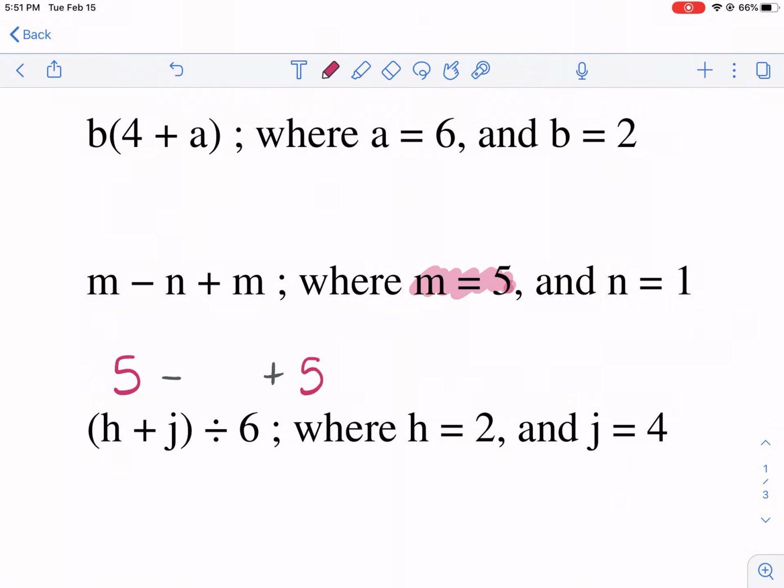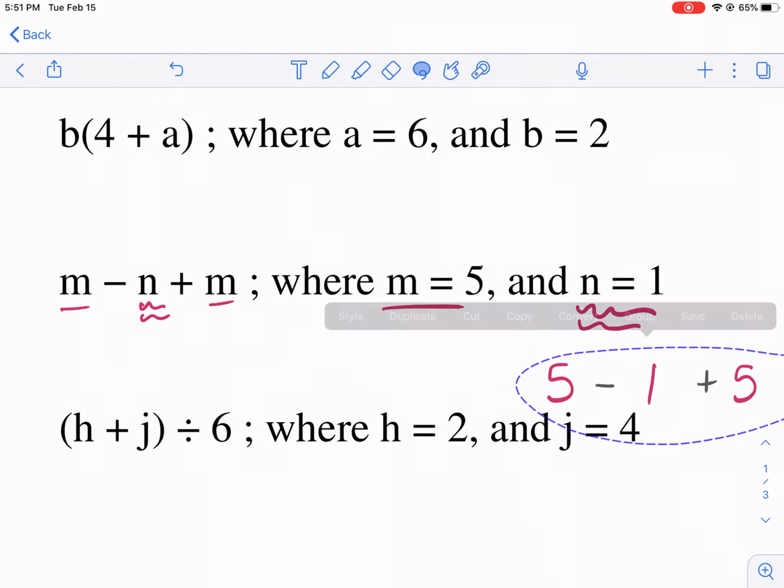Okay, and then this N, okay, so I could underline this. Let's say you have a pencil, you can't change colors like I can. Underline it, and then I'll put underlined here, 5, 5. This guy squiggly, double squiggly, and that is 1. So I have, instead of writing M minus N plus M, I write 5 minus 1 plus 5, okay, because I just replaced the values. Pretty simple. That's the rewrite. That's the first step in the process.